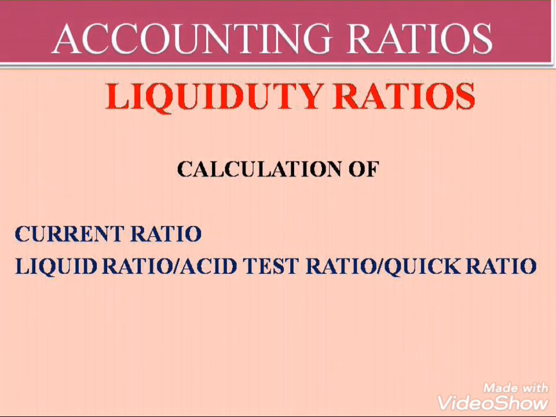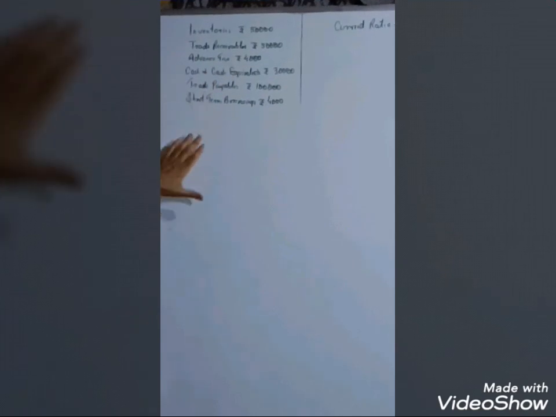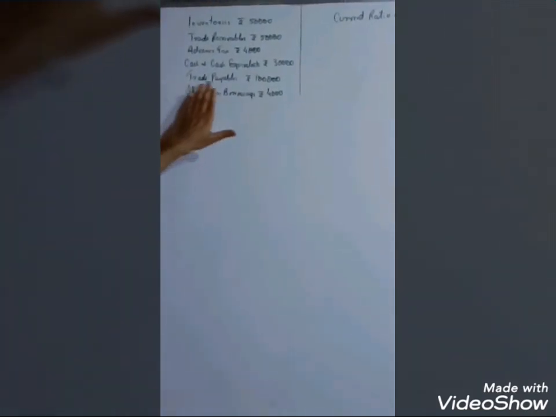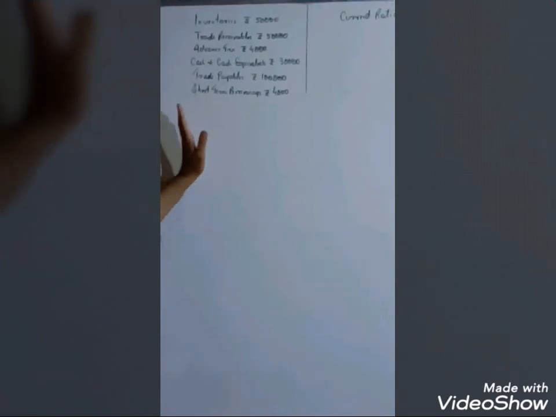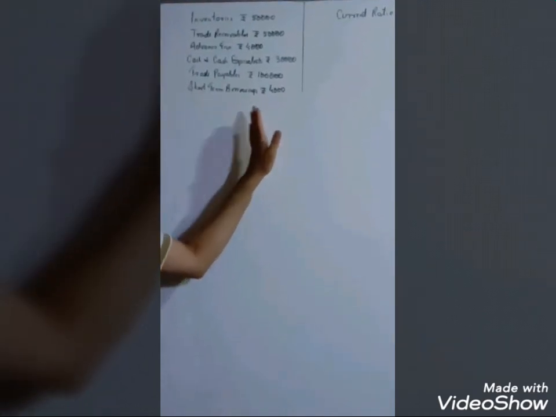So here we have taken an illustration from NCERT book, the first illustration for the calculation of current ratio. As per the illustration, the information given is: inventories rupee 50,000, trade receivables rupee 50,000, advance tax rupee 4,000, cash and cash equivalents 30,000, trade payables rupee 1 lakh, and short term borrowings rupee 4,000.